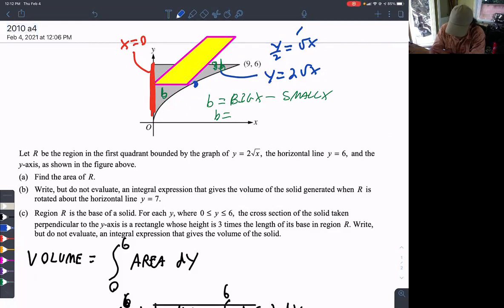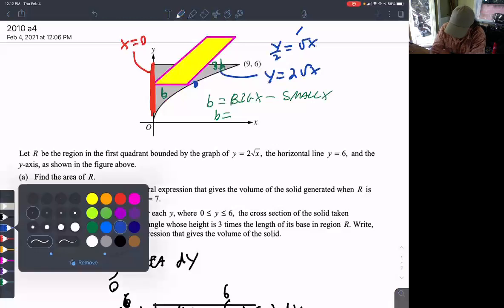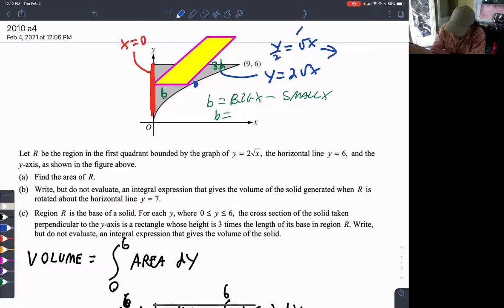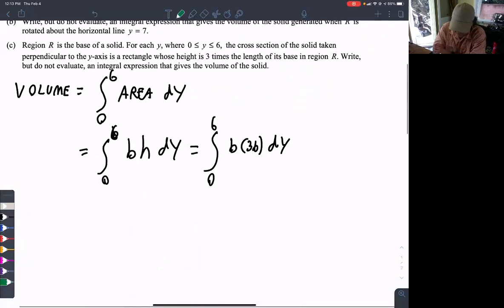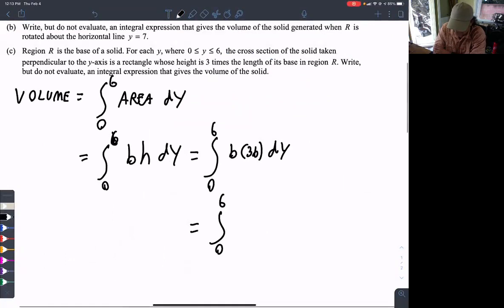I'm in the wrong zone. Let me go this direction here. If I square both sides, I get y over 2 squared equals x. So big X is y over 2 squared, and small x is here, which is 0. So minus 0.